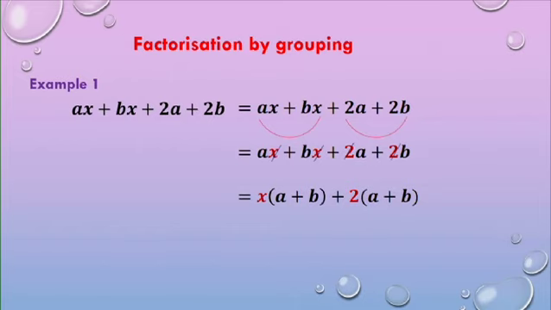Now we are having an expression with the bracket a plus b as common factor. So we are having a compound factor of a plus b here. So the answer will be, we write a plus b in brackets first, followed by x plus 2 within brackets.